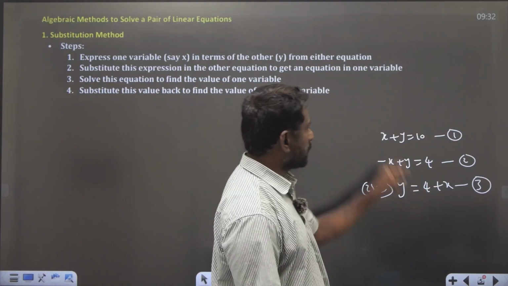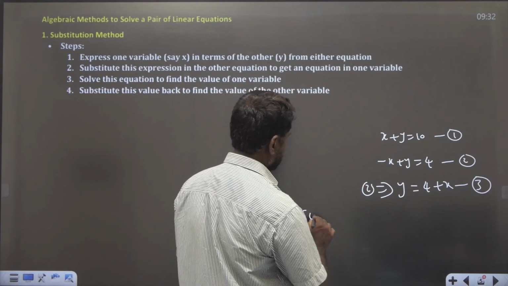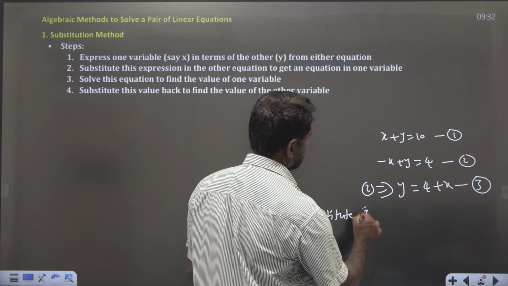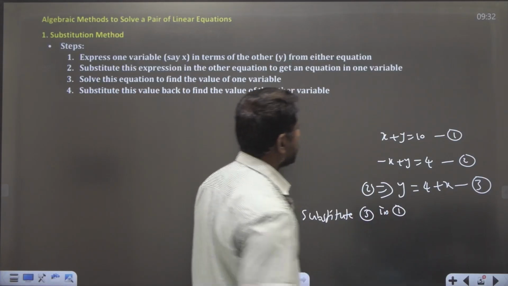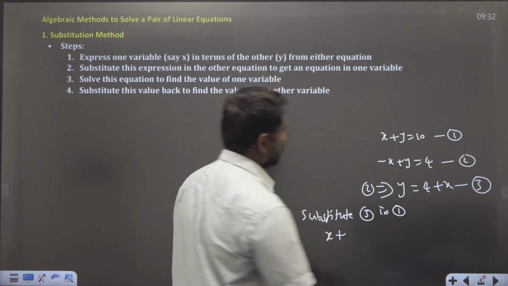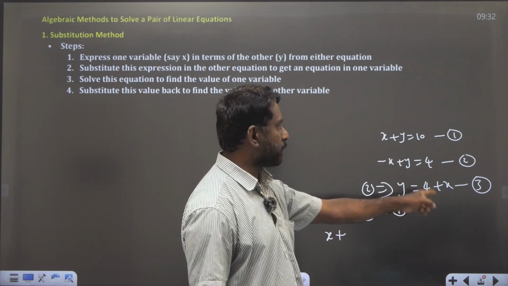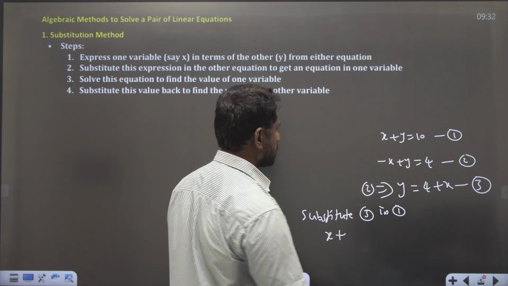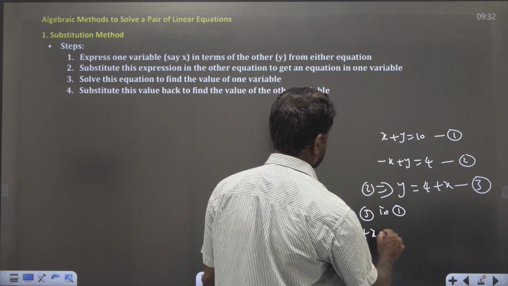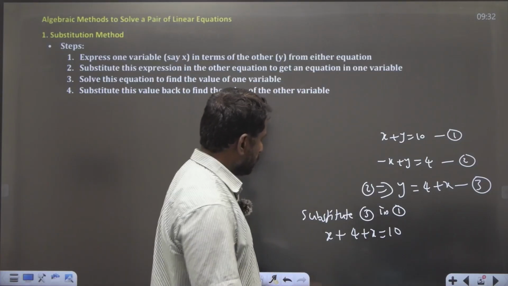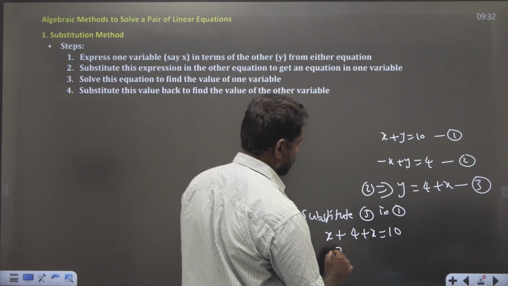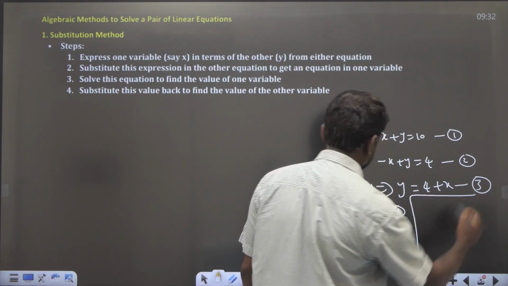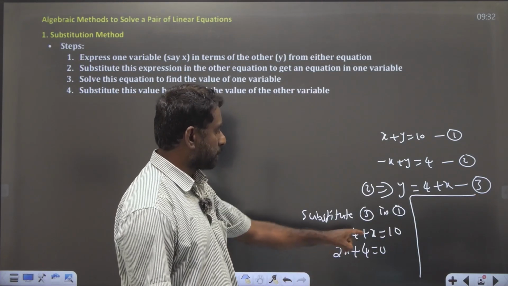Then substitute 3 in 1. That is x plus y, and y is equal to 4 plus x. We can substitute 4 plus x for y in the first equation. That is x plus 4 plus x is equal to 10. x plus x, 2x, plus 4 equal to 10.